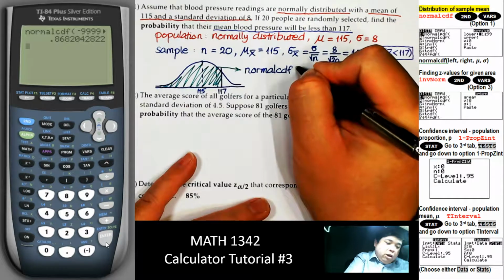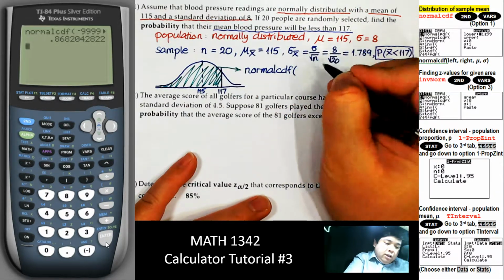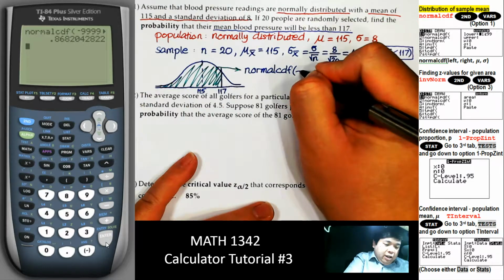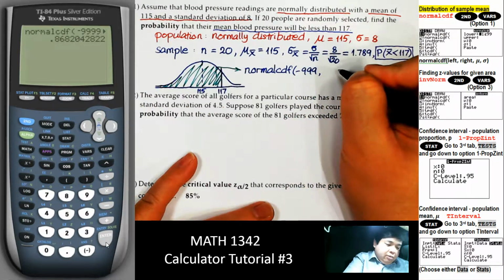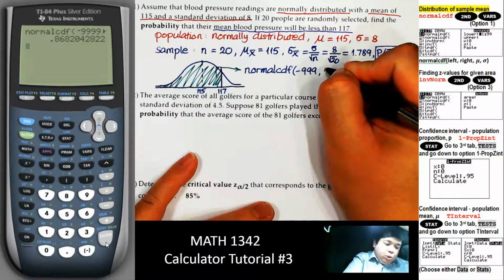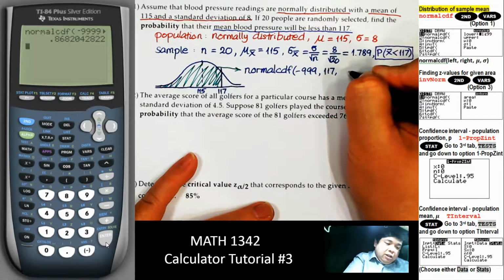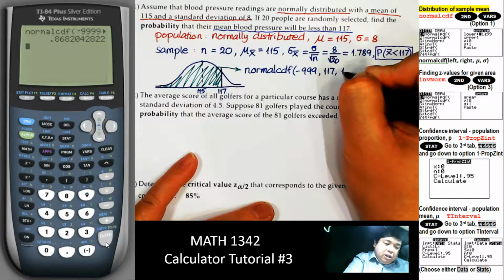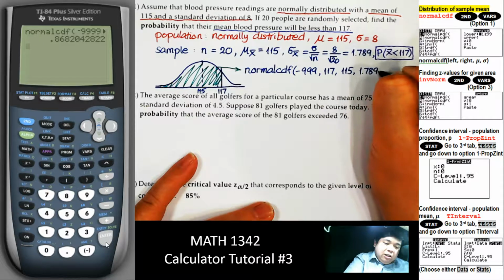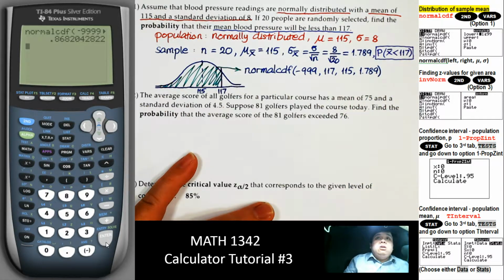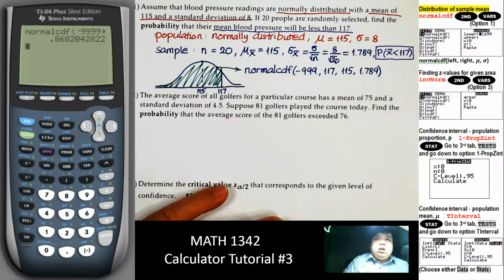So we write normal CDF -999 to 117. The mean is 115. Standard deviation 1.789. That's what we have.